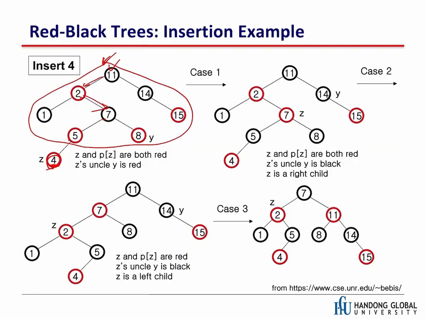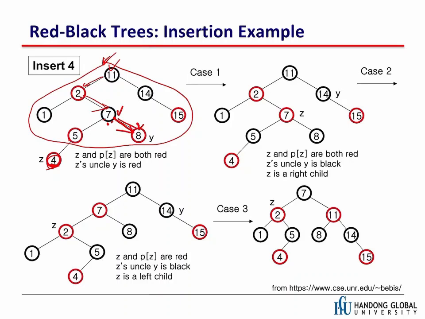This should be red. What if it is black? If this one is black, then 7 is uncomfortable, right? From 7, we didn't change this right subtree, so from 7 in this direction we have only one black node, the 7 itself.